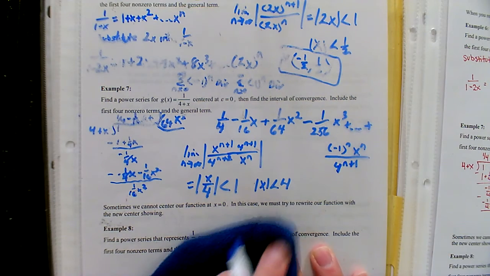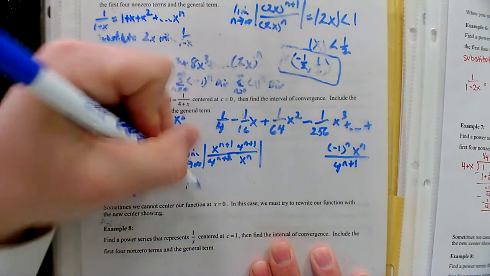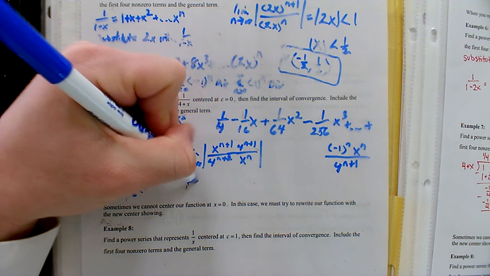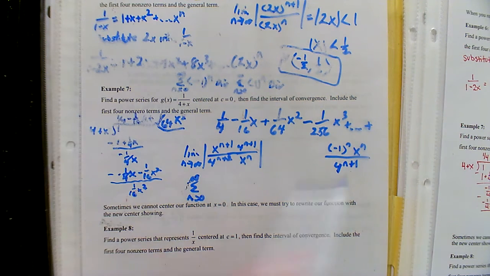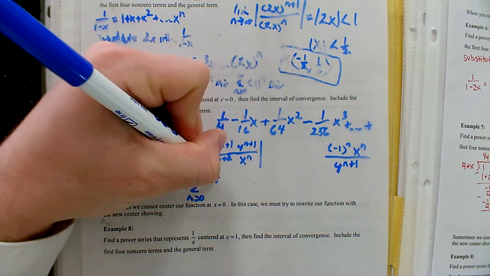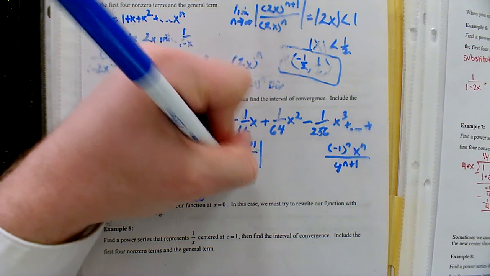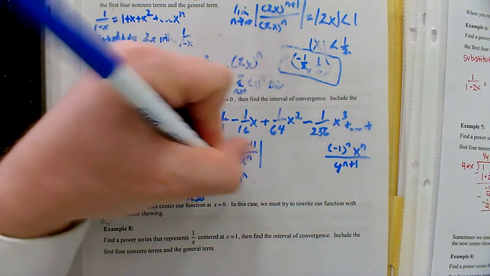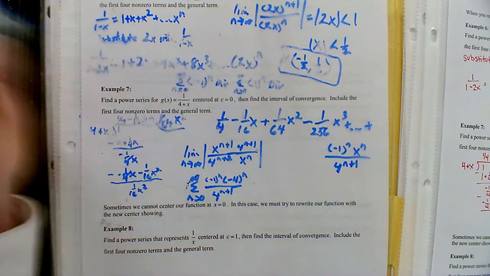Since I ran out of some room, I'm going to erase this here so I have some room. So checking the endpoints, summation n equals 0 to infinity. Again, we're plugging it into the general term. Negative 1 to the nth, negative 4 to the nth over 4 to the n plus 1.